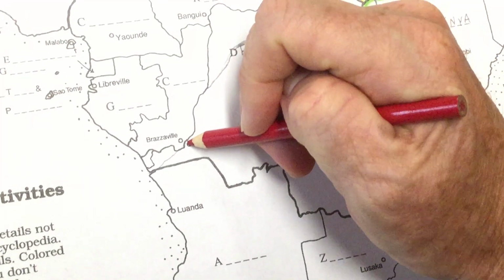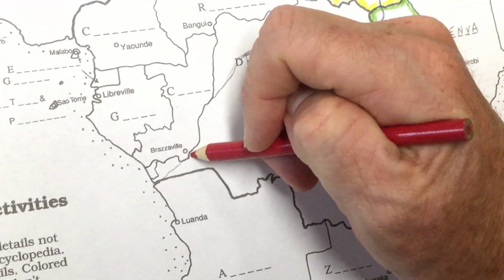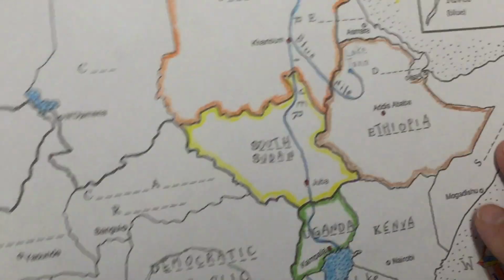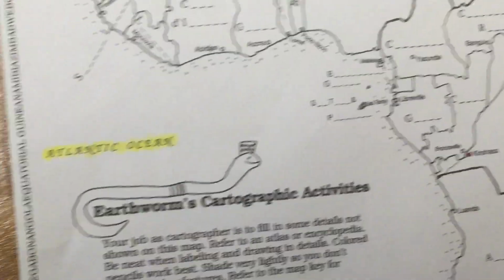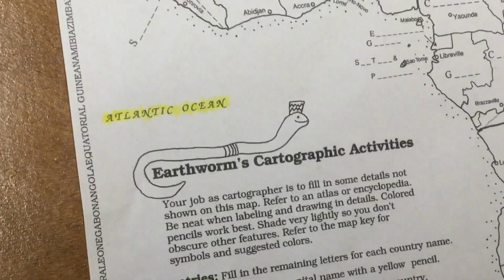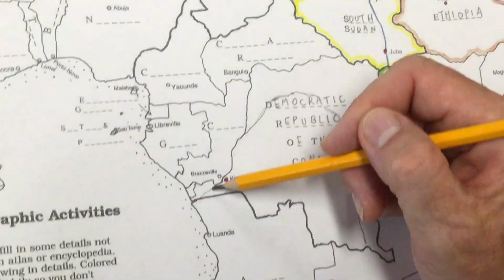I'll put a little red on that star. We're using red for the capital. I'm going to put that in the key just so we remember that. Okay, so it goes down to Kinshasa, and then it goes right into the Atlantic from there.